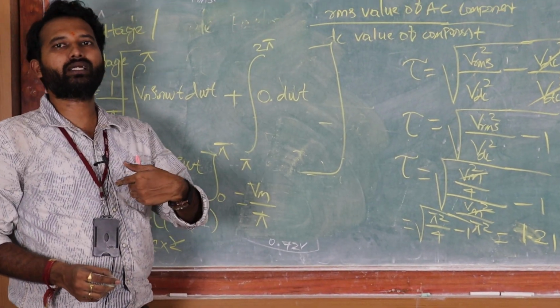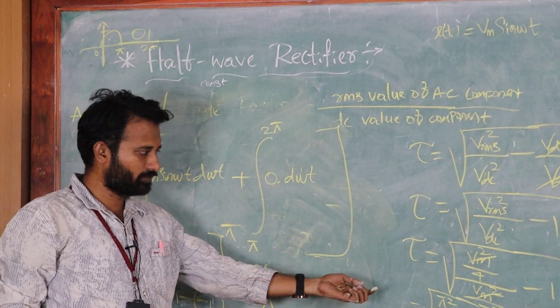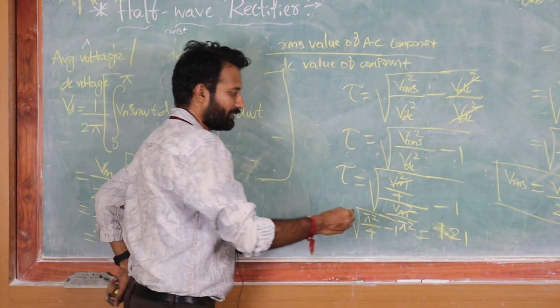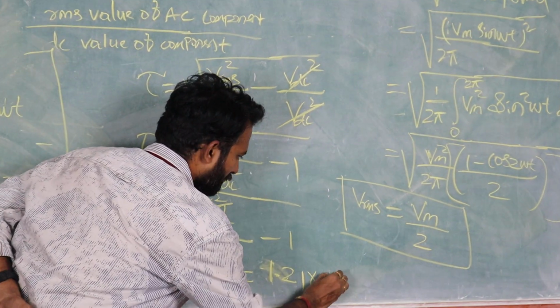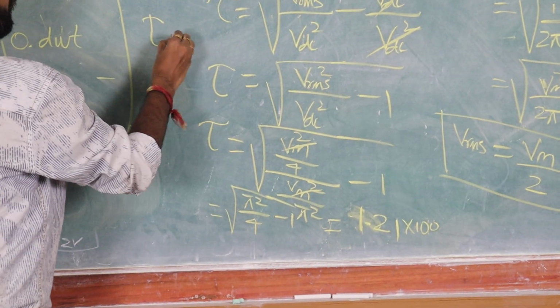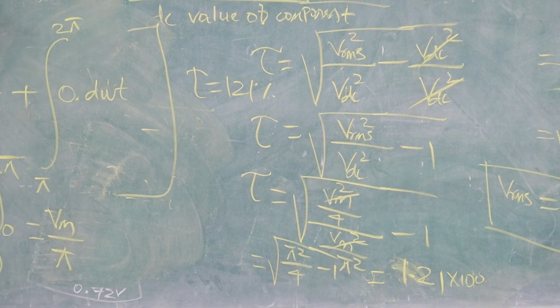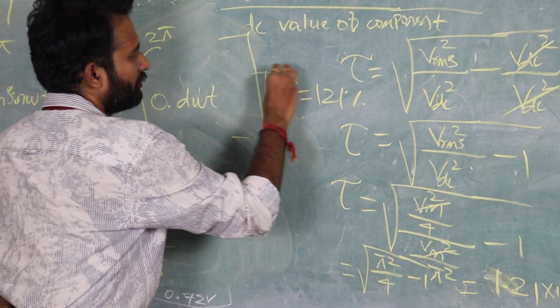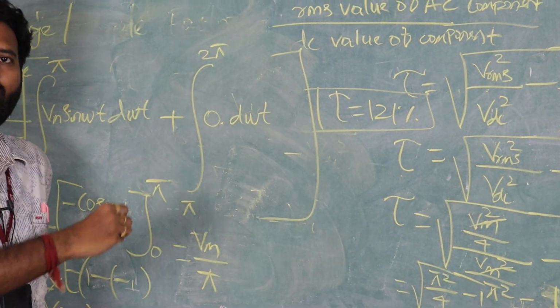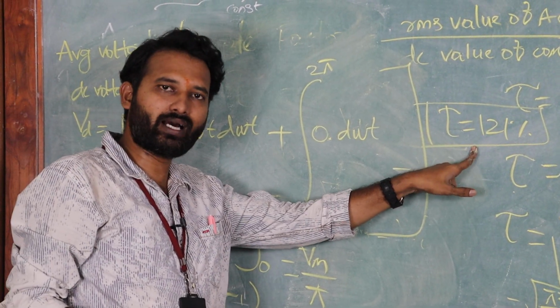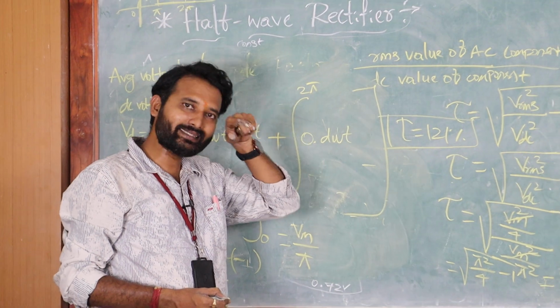And if you want to calculate the value in terms of percentage, just multiply by 100. You will get tau is equal to 121%. It is clear from this equation that 121% of AC value is present in DC.